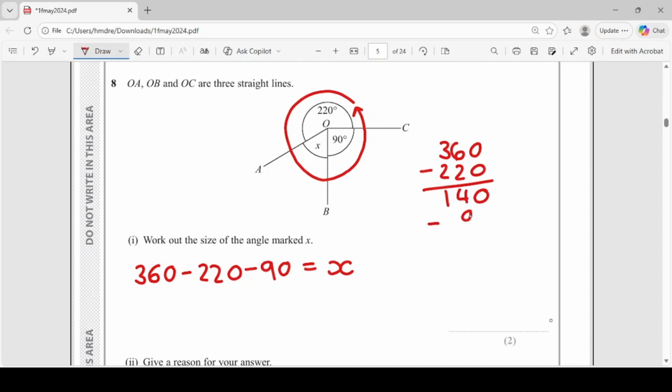And then we take away the 90, 0 take away 0, 0, 4 take away 9 we can't do. So it's going to be 14 take away 9, which is 5. Okay, so our missing angle X is 50 degrees.